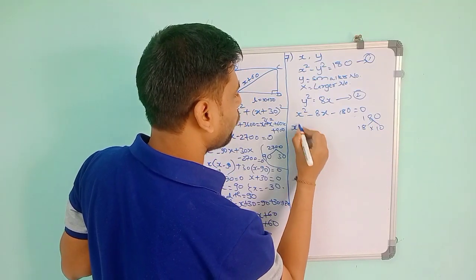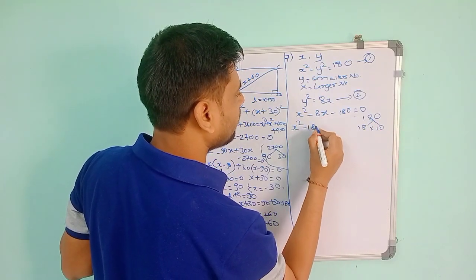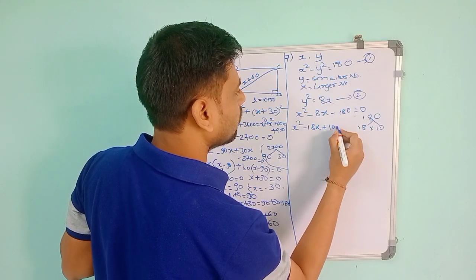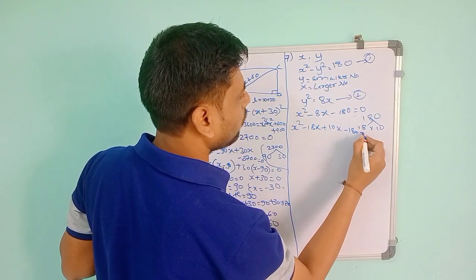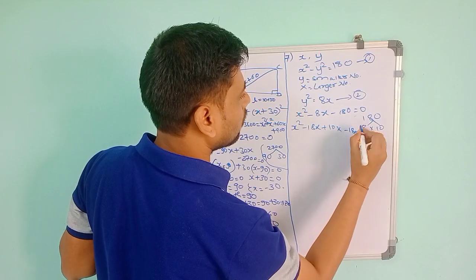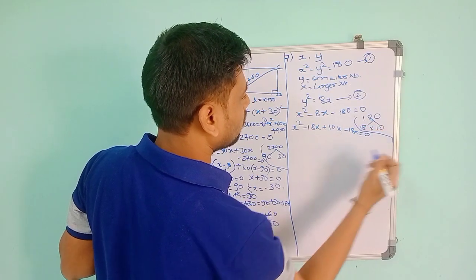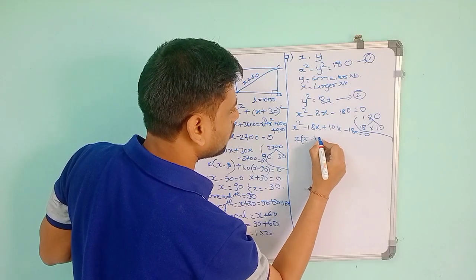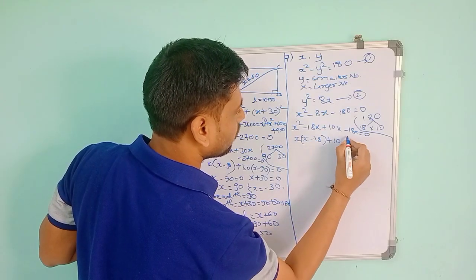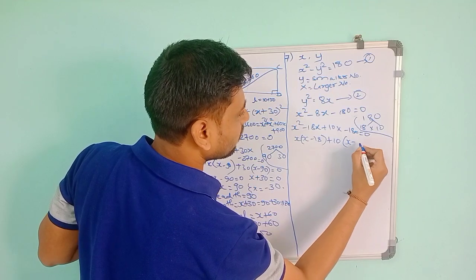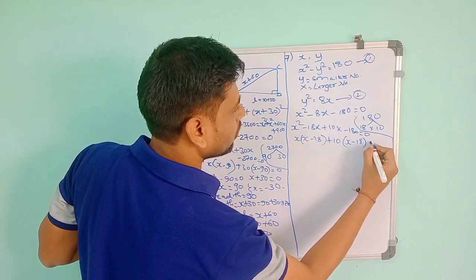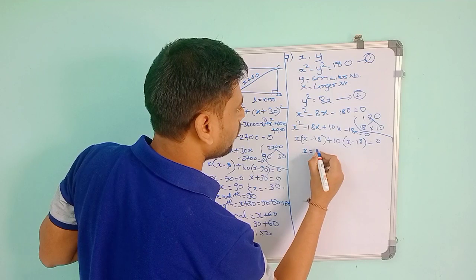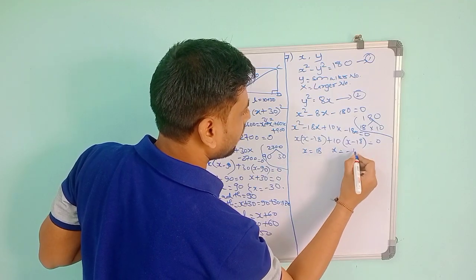So x square minus 18x plus 10x minus 180 is equal to 0. Then if you take x common, x minus 18 and x plus 10, so x minus 18 is equal to 0 or x plus 10 is equal to 0. So x is equal to 18, x is equal to minus 10.